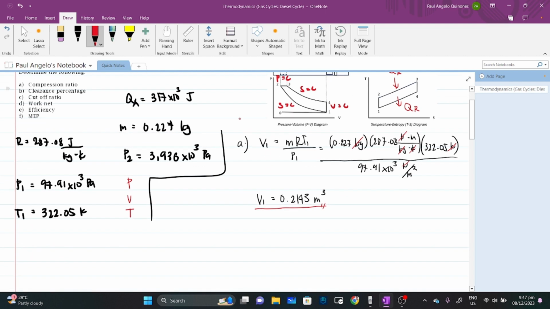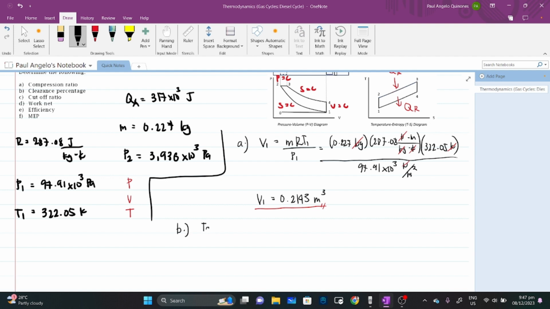Next. Now that we have V1, the next thing we can solve is, I have P2 and P1, and I have T1 as well, so I can solve first for T2.